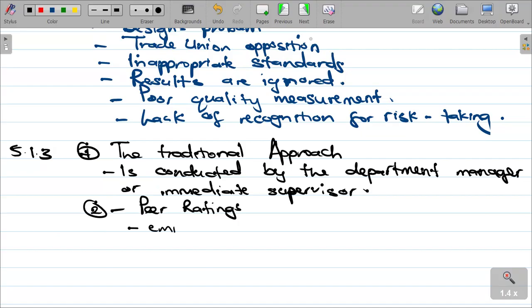Employees are rated or evaluated by co-workers.